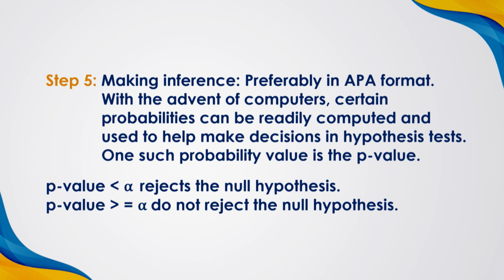Now we have to see how the p-value is useful in accepting or rejecting a null hypothesis. The decision rule is: if the p-value is less than alpha, reject the null hypothesis. On the other hand, if the p-value is greater than or equal to alpha, do not reject the null hypothesis.